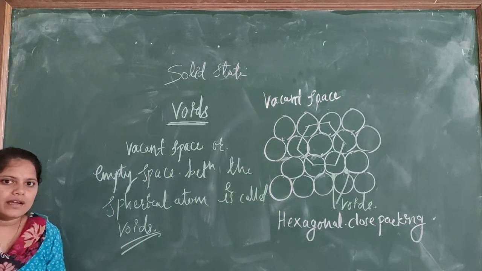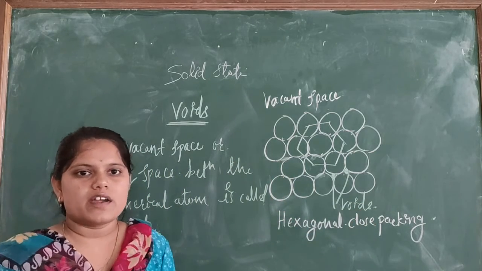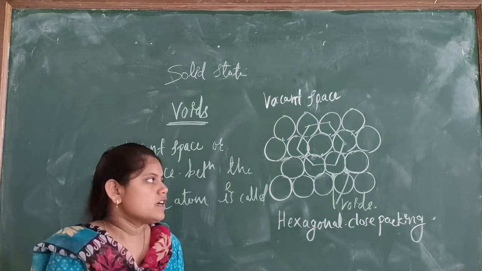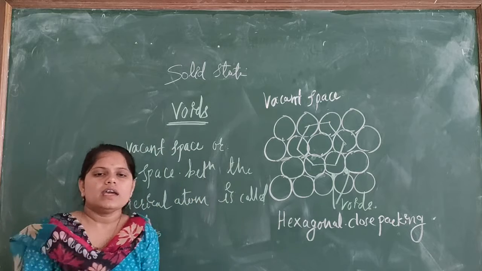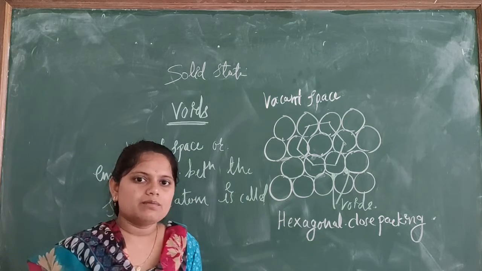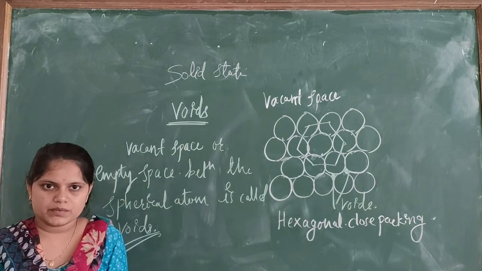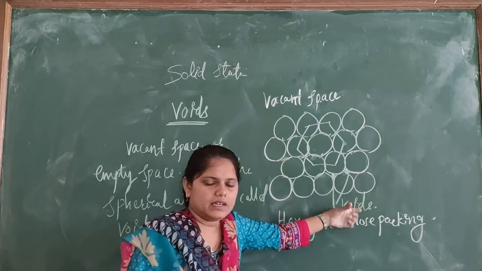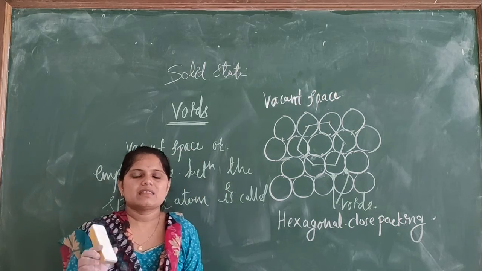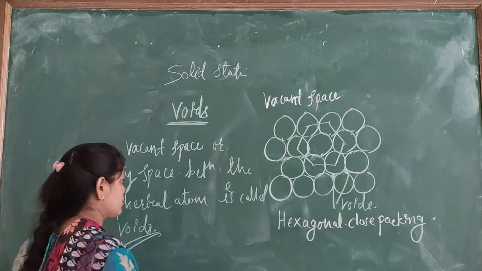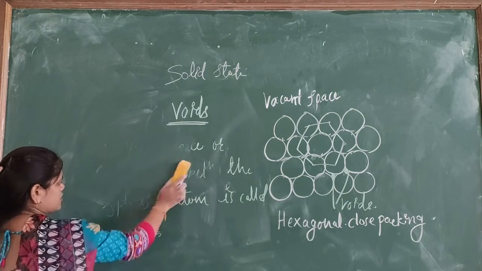Now suppose this is your arrangement like hexagonal close packing or square close packing. If the number of voids is more in this arrangement, it has less packing efficiency.